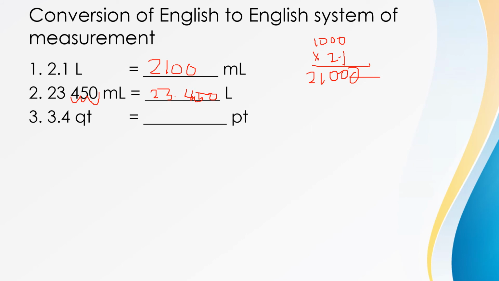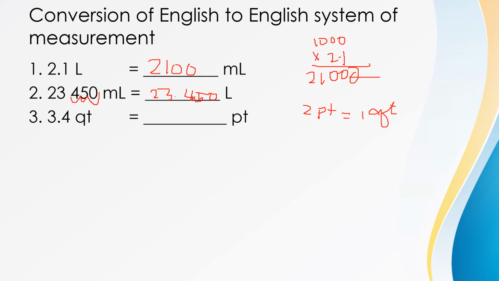Quarts to pint. Okay, paano yan? Okay, guys. So for number 3, we are going to convert quarts to pints. So we know that 2 pints is equal to 1 quart.